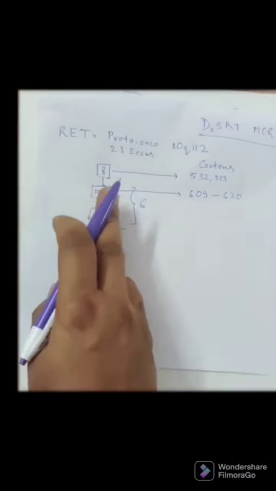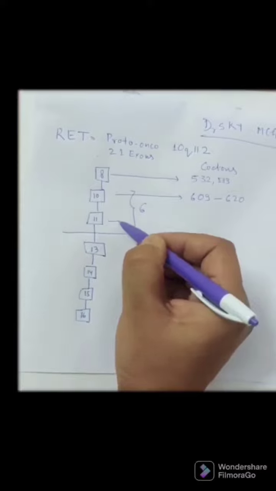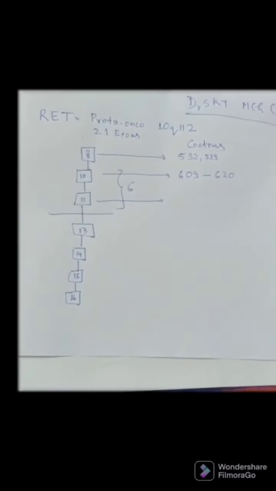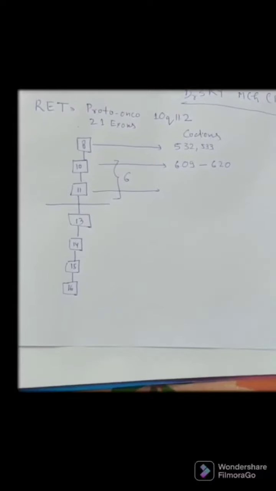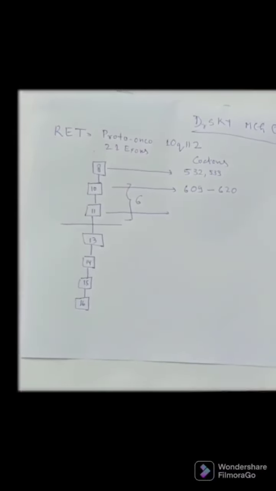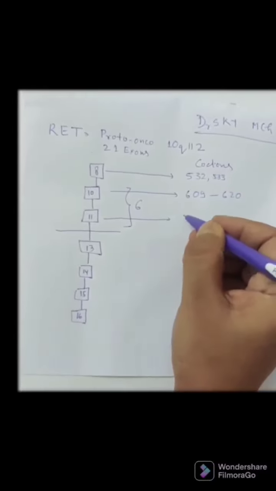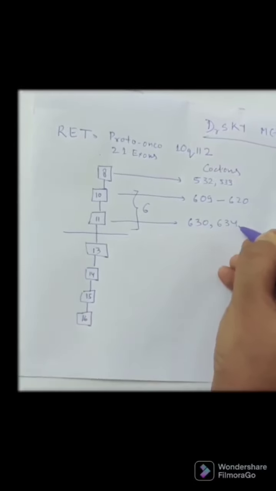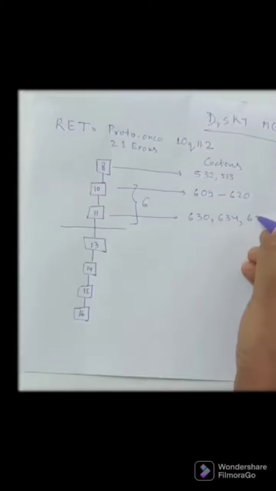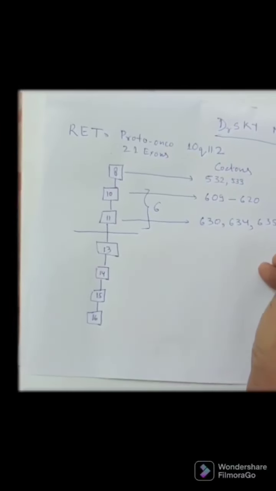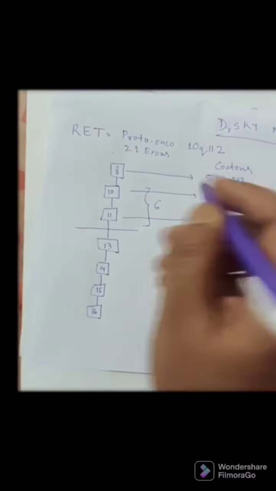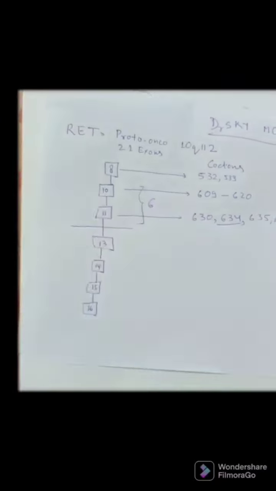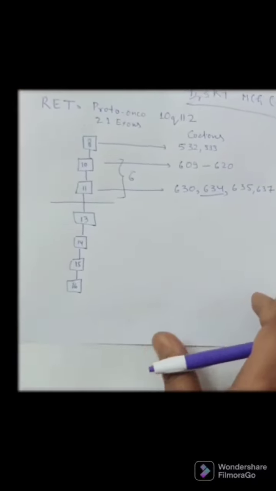And on exon number 11 there is an important codon, 634, which we must remember. So here the codons are 630, 634, 635 and 637, right? In this, 634 is very important. I will tell you why.